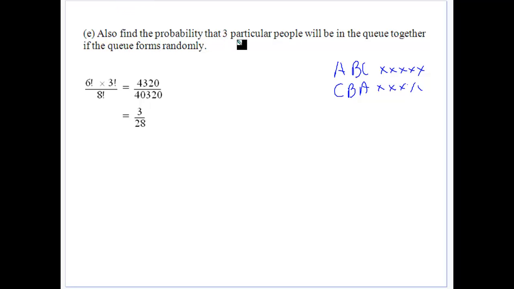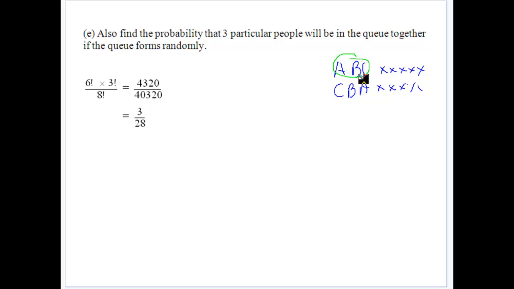So what's the probability that 3 particular people be in a queue together if the queue forms randomly? So really, well, ABC, or CBA, or CAB, so 3 particular people. Again, we group them as one, and then we've got 5 other people there. So we can combine them 6 factorial ways when we treat them as one group.